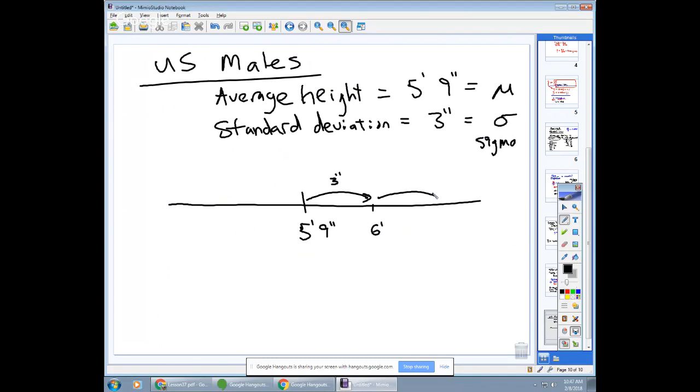And if I go another 3 inches to the right, that's going to put me at 6'3". If I go 3 inches to the left of that middle, that's going to put me at 5'6". And if I go another 3 inches to the left, that's going to put me at 5'3".